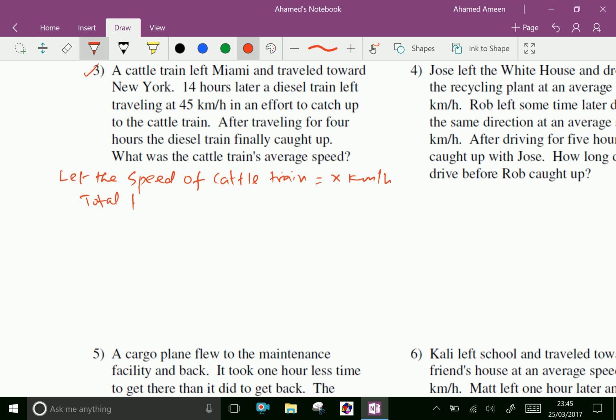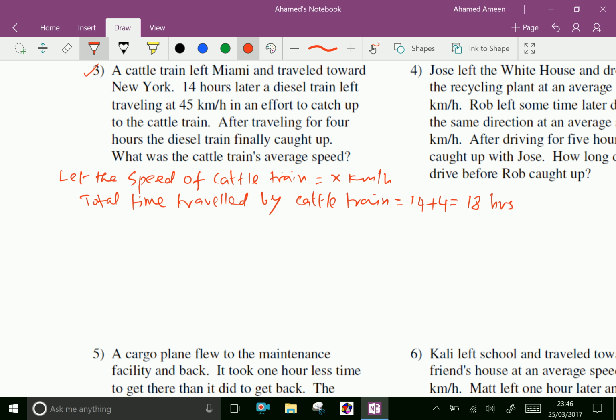Total time traveled by cattle train equal 14 plus 4, which is equal 18 hours, because the cattle train travels 14 hours before the diesel train, so its total is 18 hours.